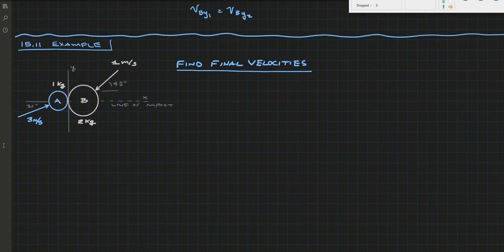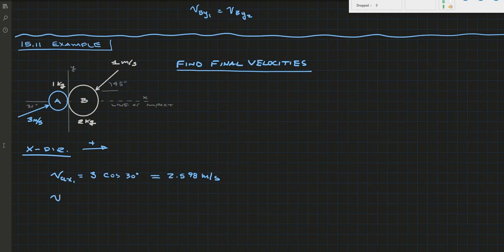And let's start by looking in the x direction at what's going on. Let's call this positive. So our velocity of A in the x direction is going to equal 3 times cosine of 30 degrees, and we can calculate that out to 2.598 meters per second.